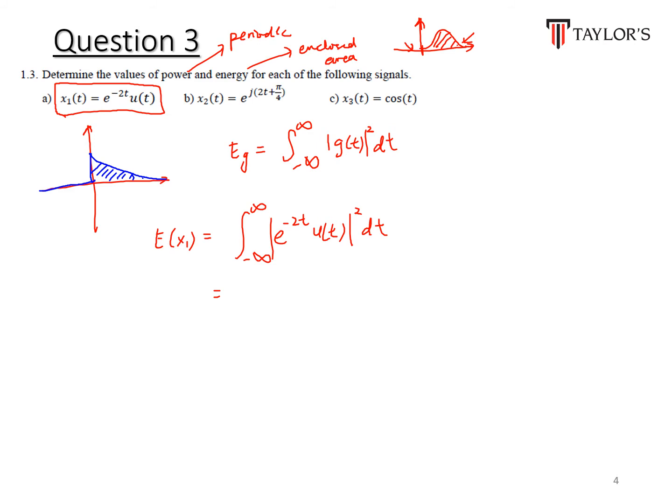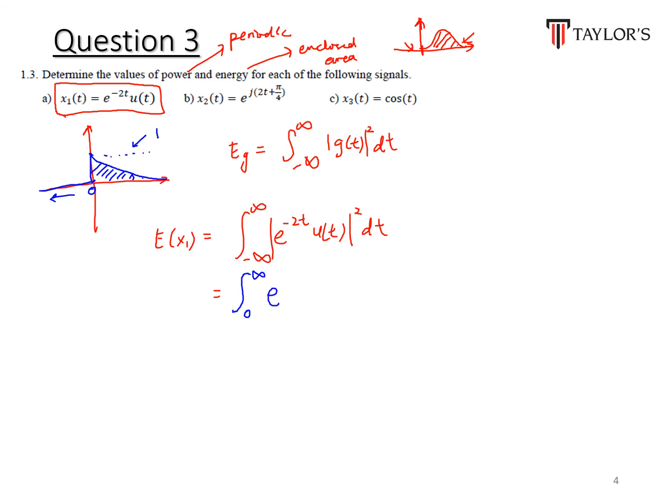So what we do here is that u(t) is just a signal that tells us it's always 0 when it's before time 0, and it's 1 after time 0. So we just change our limits from 0 to infinity instead, and then we can get rid of the u(t).